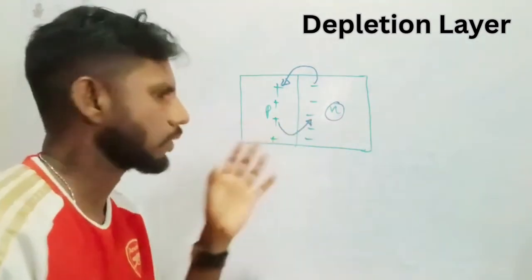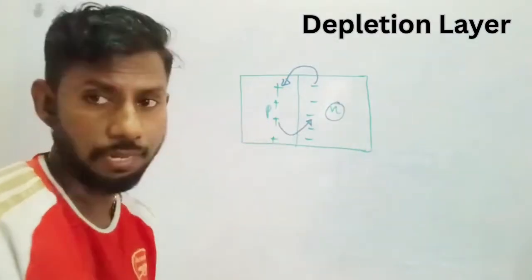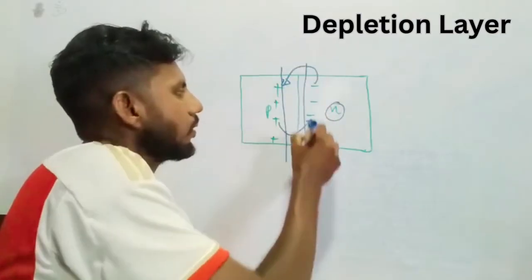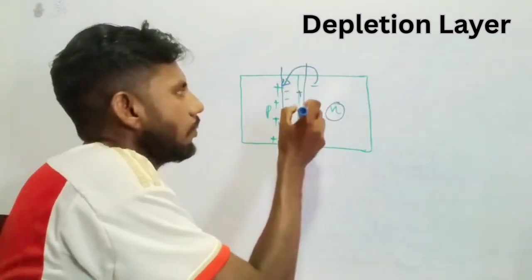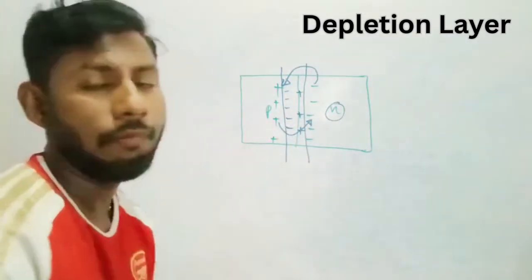Basically, when negative and positive are connected, positive will move to the negative side, and negative will move to the other side. So at a certain point, here will be more negative charges, here there will be more positive charges. Right? We have to use the proper words.